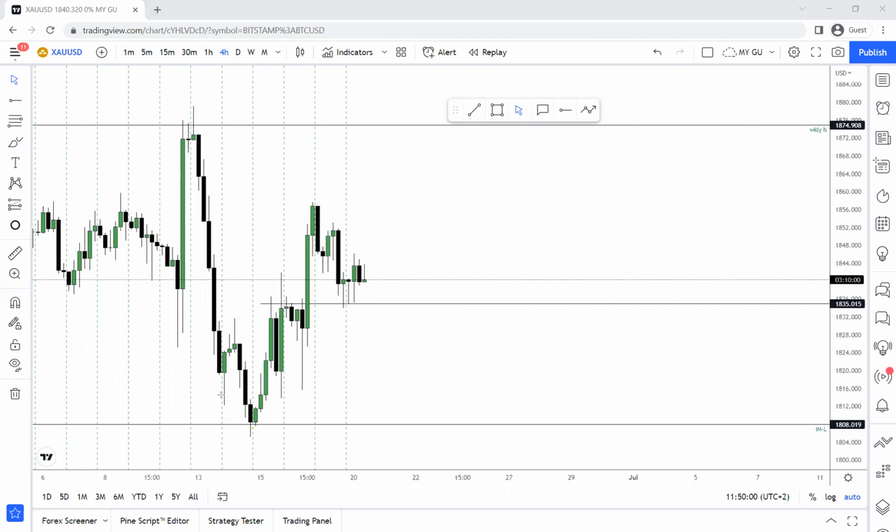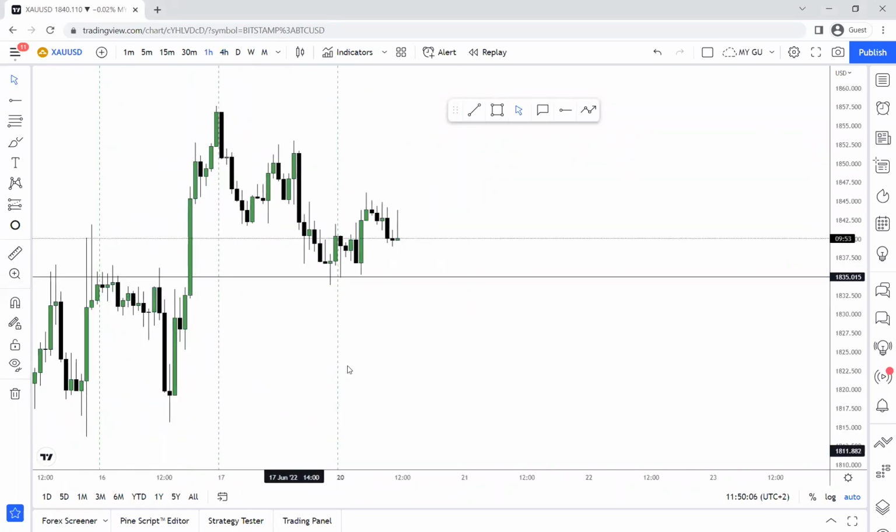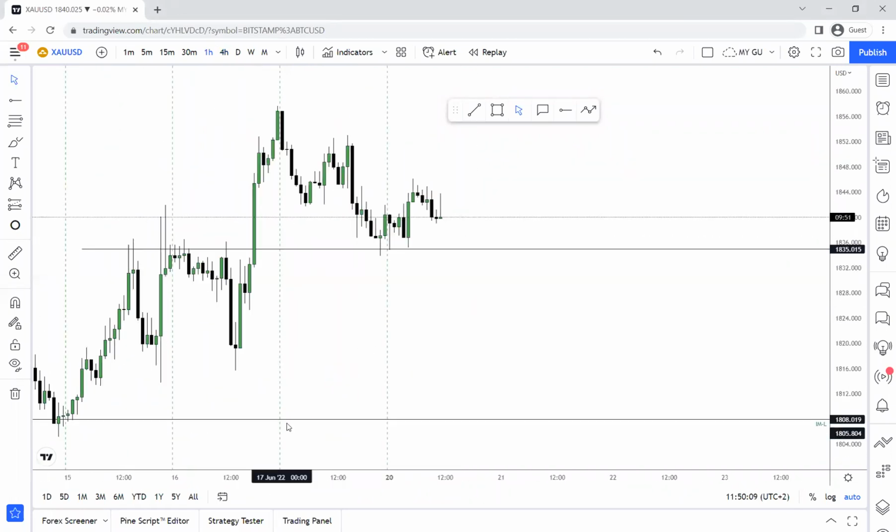So for today, we can go on the 1-hour time frame. On the 1-hour time frame, all right, this is where things are even more interesting. What I don't like about it is because this looks like an impulse. And this looks like a correction.